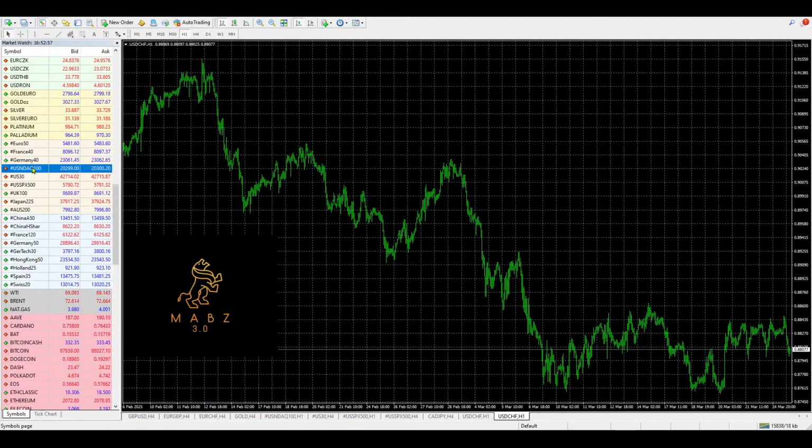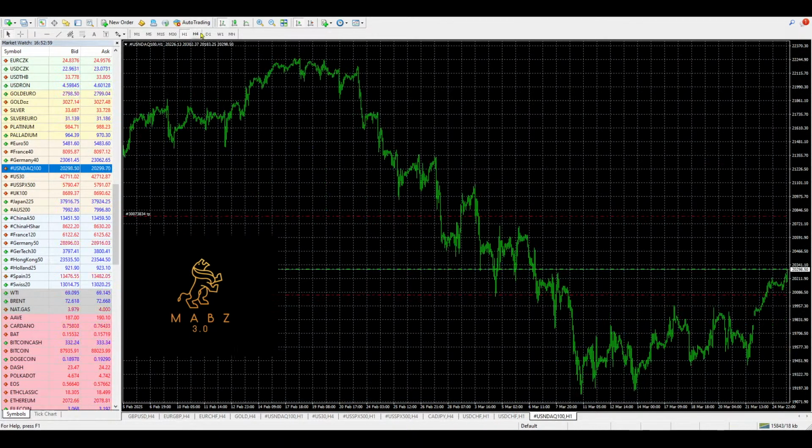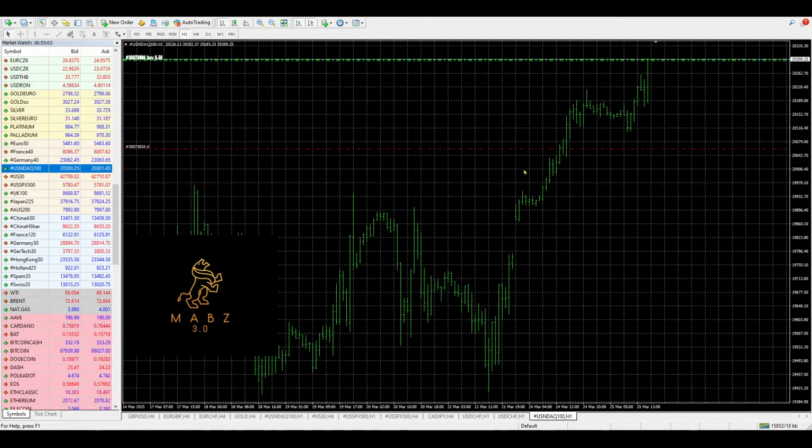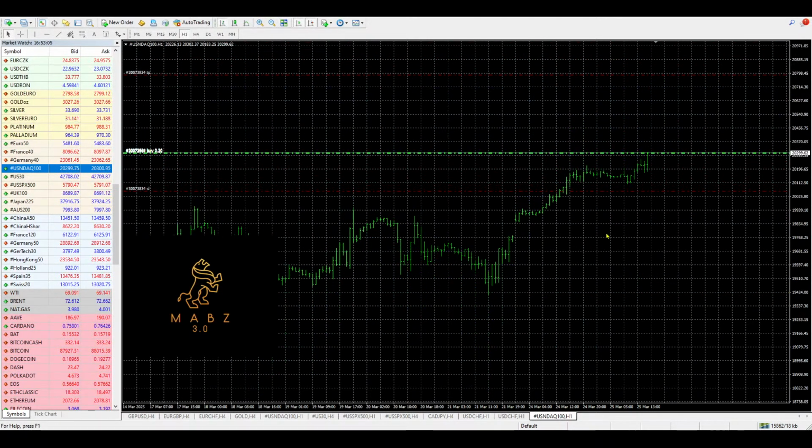NAS 100. My chart isn't really naked, but you guys will get the point. You see the price action, guys, right? If you look closely, this is the difference. This is what I mean when I say I want to trade trending markets.